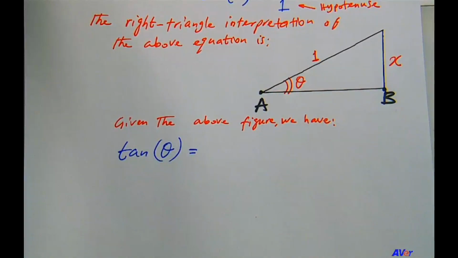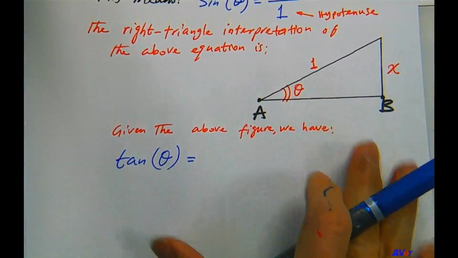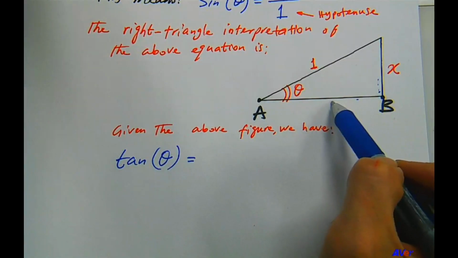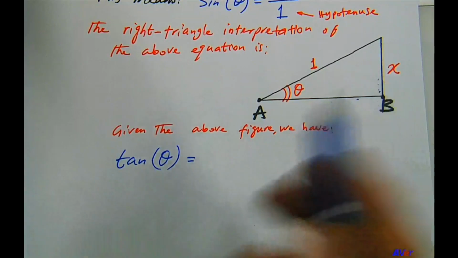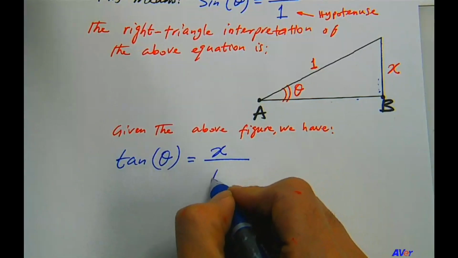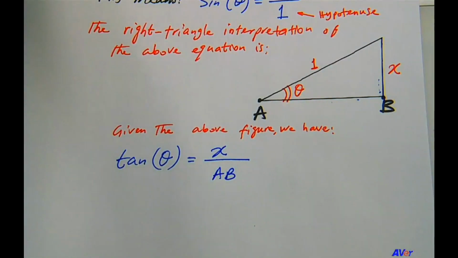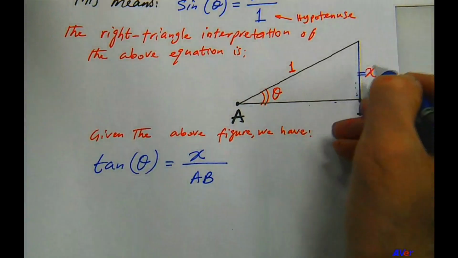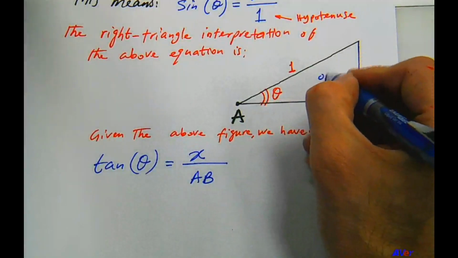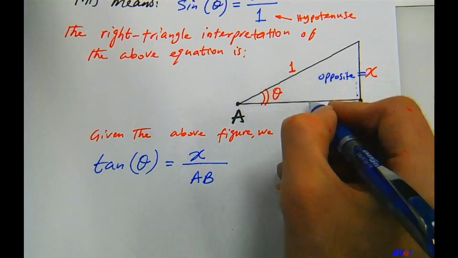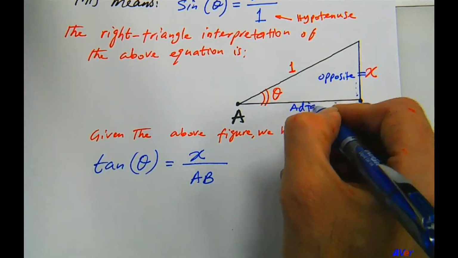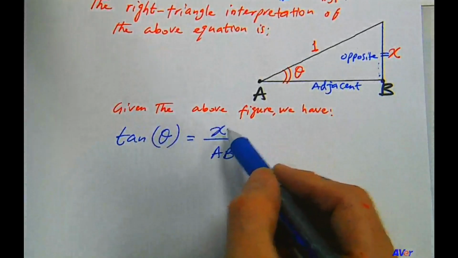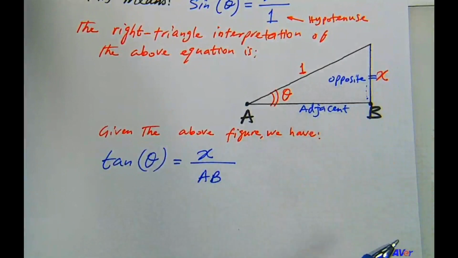Tangent, remember what that represents in terms of a right triangle? It is the opposite side divided by the adjacent side, right? X divided by AB. Like that. So if you want, I can add that here. This would be, with respect to the theta, the opposite. And this length is the adjacent side, right? Adjacent to this angle. So tangent of theta is equal to the opposite divided by the adjacent.